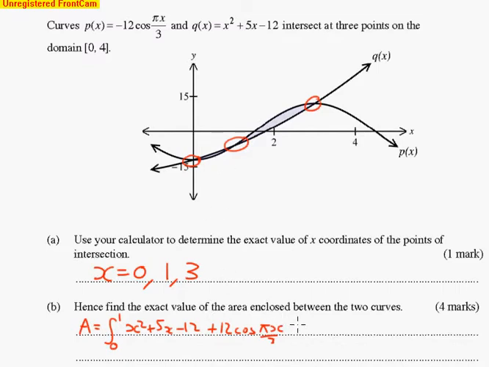So that's that first bit, plus, now we need the area in the second section, which is the integral between 3 and 1. Now the upper one this time is p of x, which is negative 12 cos pi x on 3, minus the other one, minus q of x, so it's minus x squared minus 5x plus 12.